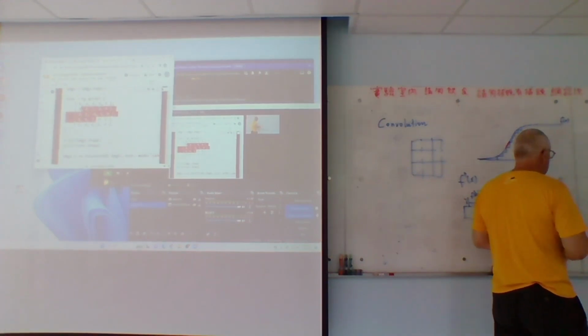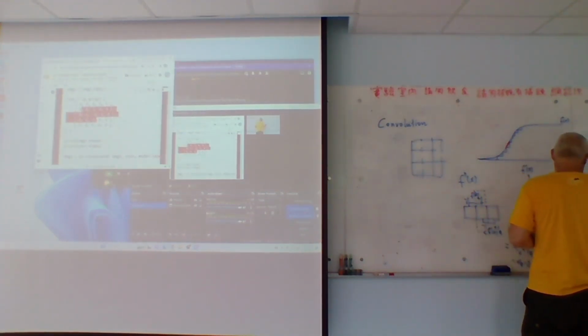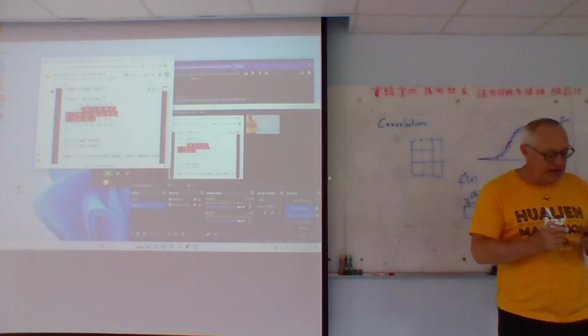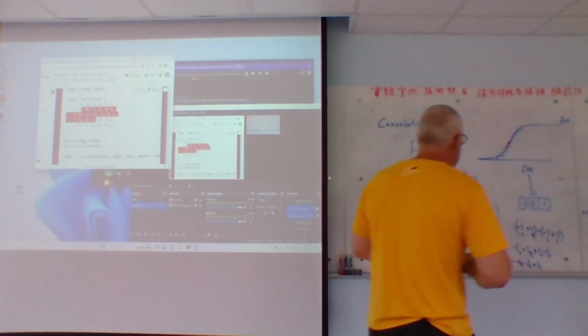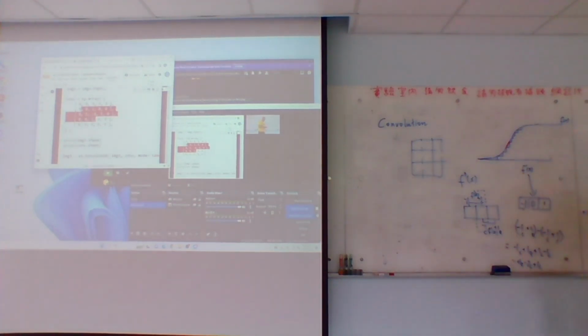So if I add them all together, I basically get plus 1, plus 1, plus 1, plus 1 minus 4. Or, since I don't care about the sign, whether it goes from positive to negative or negative to positive, I could also switch the sign. So I can have minus 1 outside and plus 4 inside. Both of them are the same. And so this is how we end up with this convolution mask here.